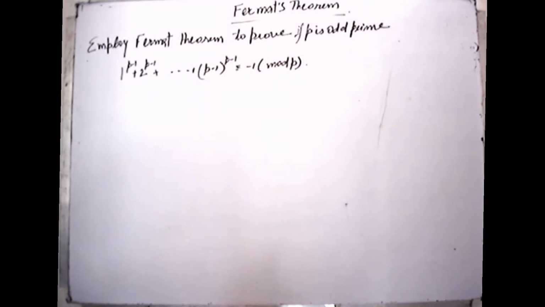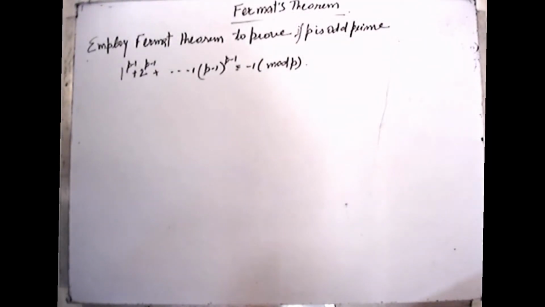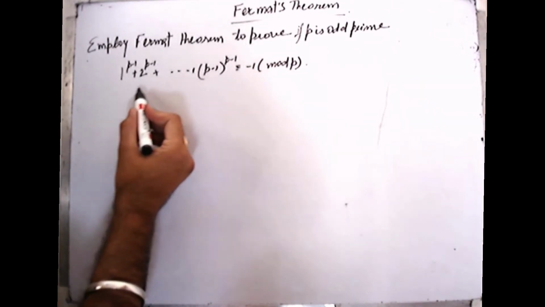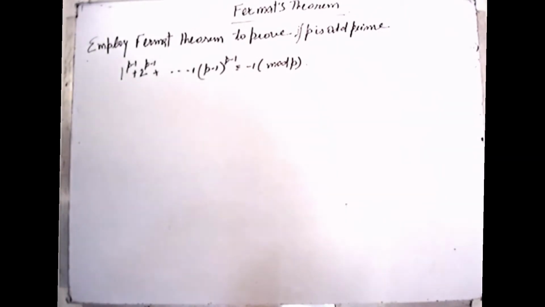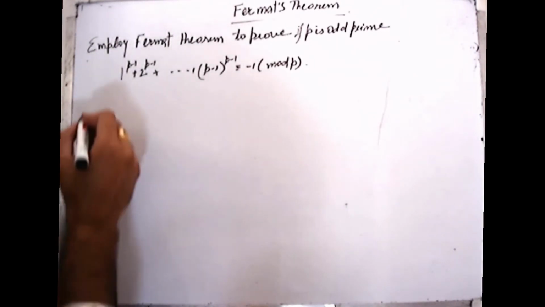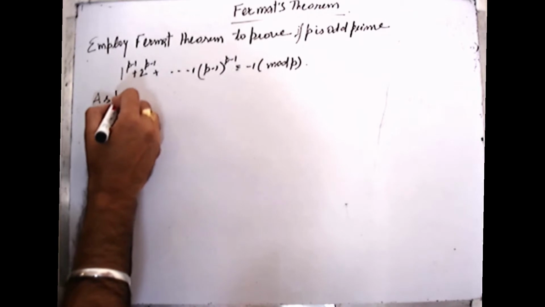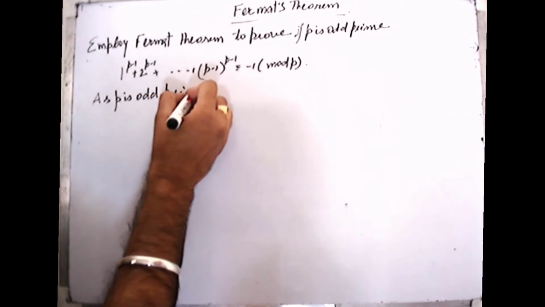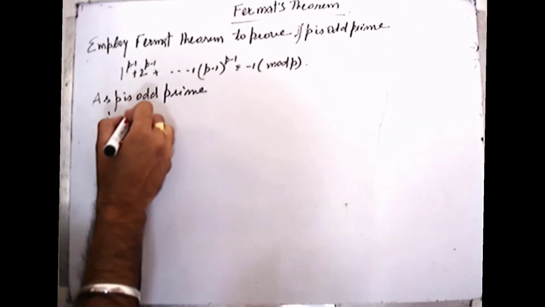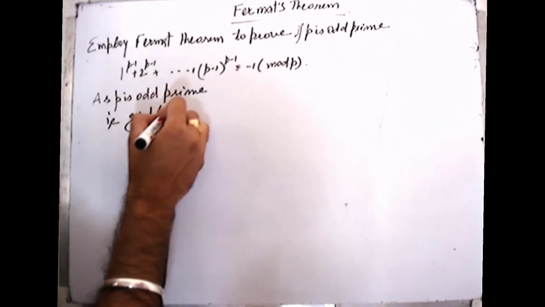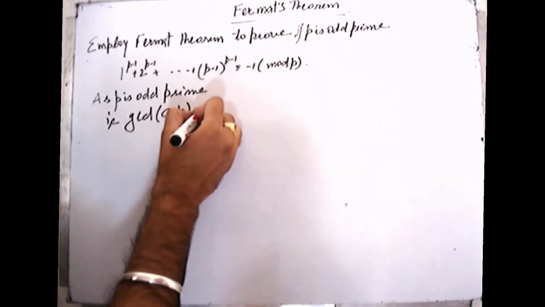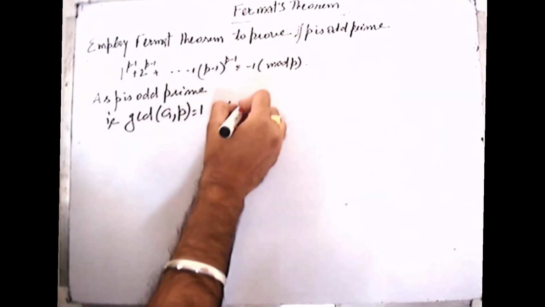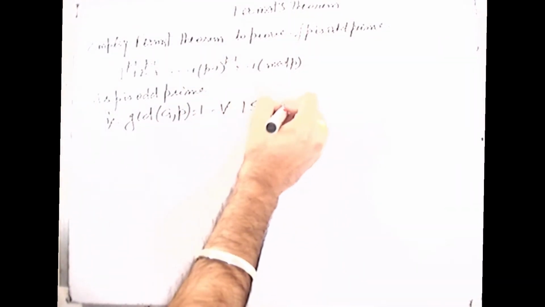Next numerical: employ Fermat's theorem to prove that if p is an odd prime, this sum is congruent to minus 1 mod p. As p is an odd prime, therefore GCD of a and p is 1 for all a lying in 1 to p minus 1.